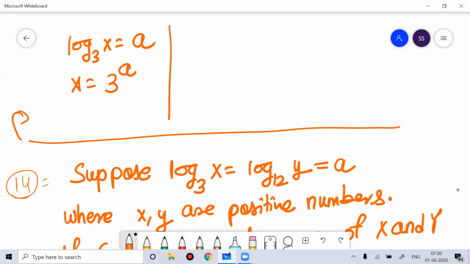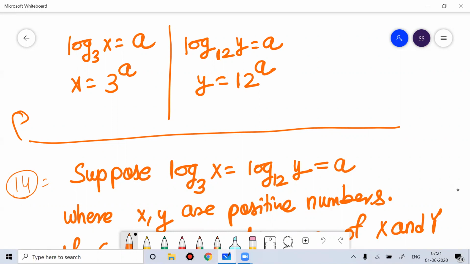And log base 12 of y is equal to a, so I can write y equal to 12 to the power a. So x is equal to 3 to the power a, and y is equal to 12 to the power a.